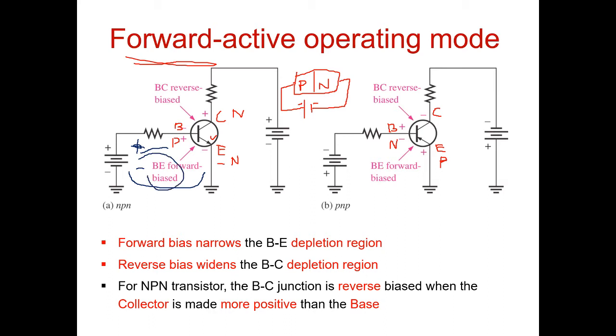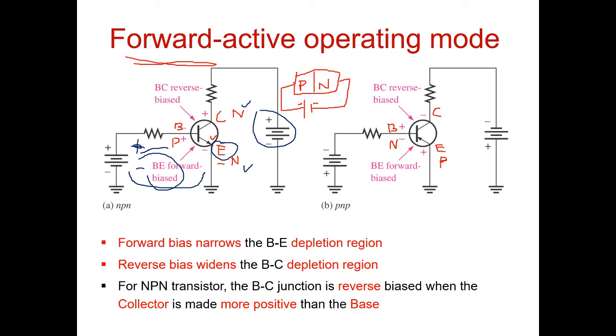Okay, and then at another part of your transistor, you have from N to N. So how do you put the battery? Because the collector is N-type, and the emitter is also N-type. The easiest way is to just look at your emitter. Your emitter must be connected to the source.